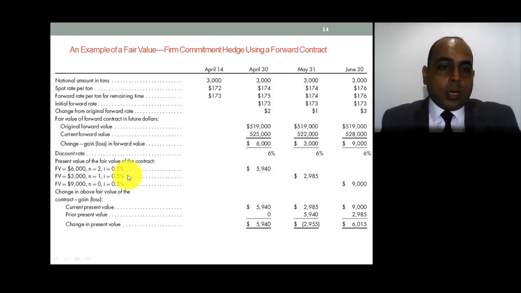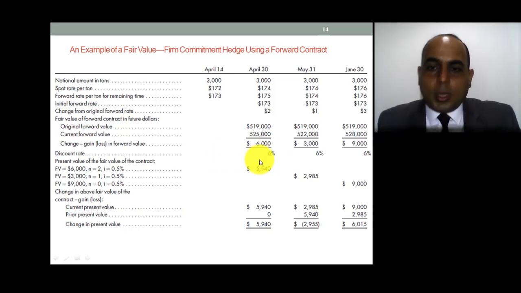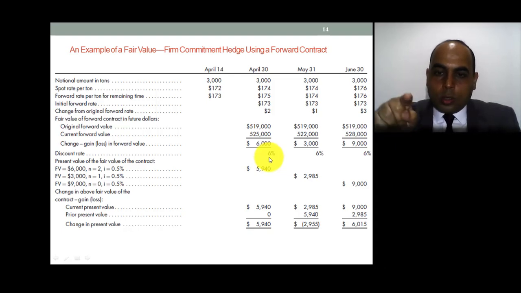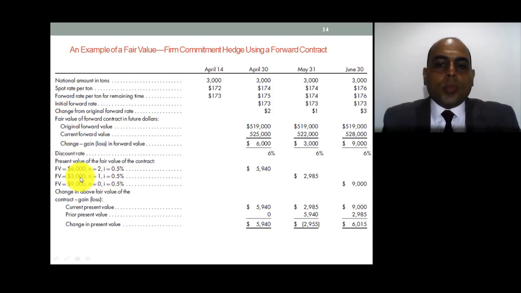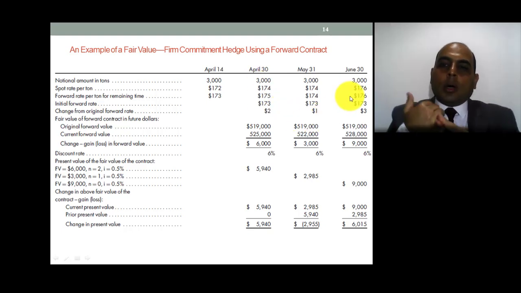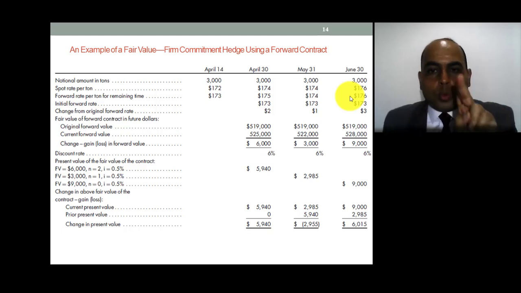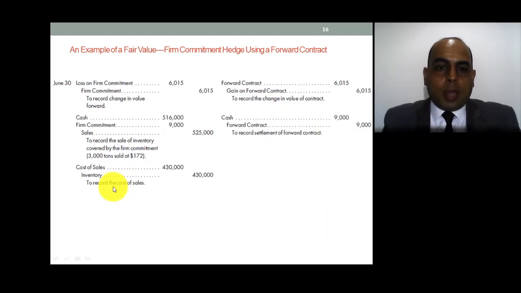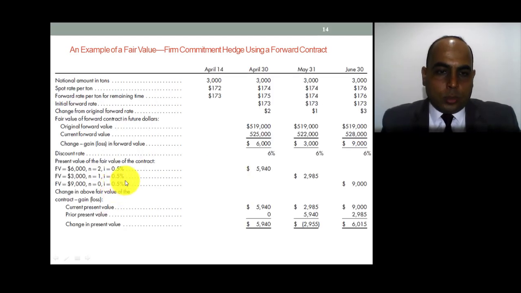Here we are talking about a discount rate of 6% annually. Monthly discount rate is 0.5%. So here we are talking about 2 months, from April 30 to June 30. We are talking about May and June in total. So 2 months multiplied by the monthly interest rate.